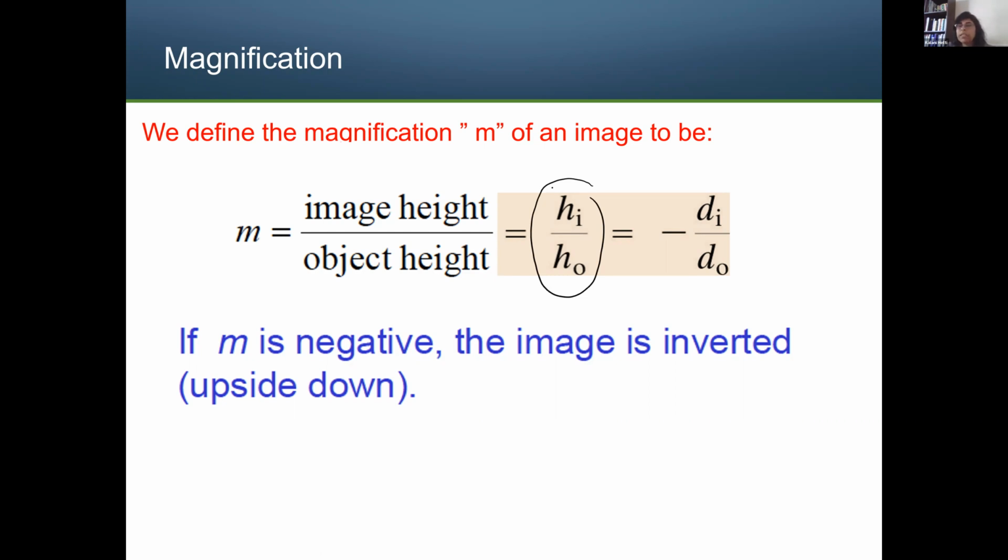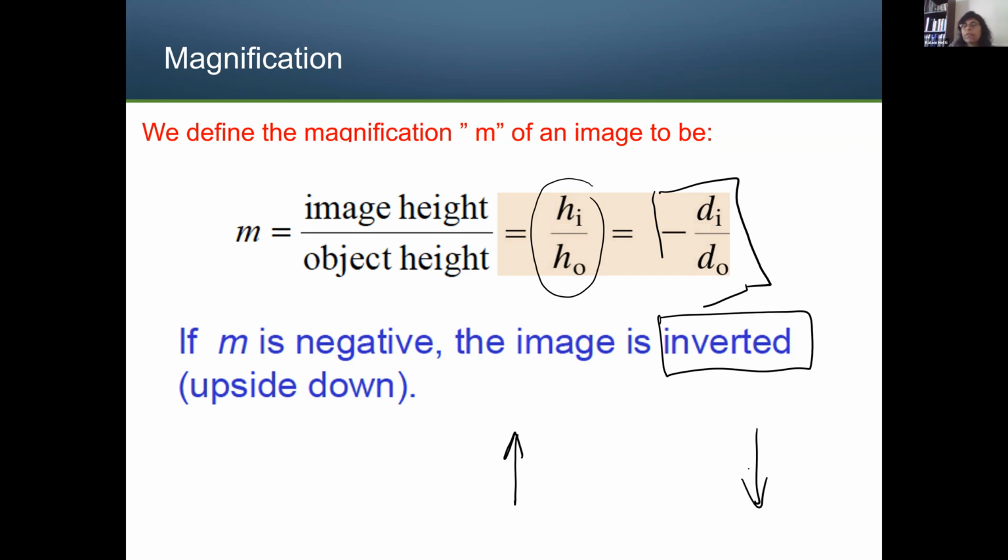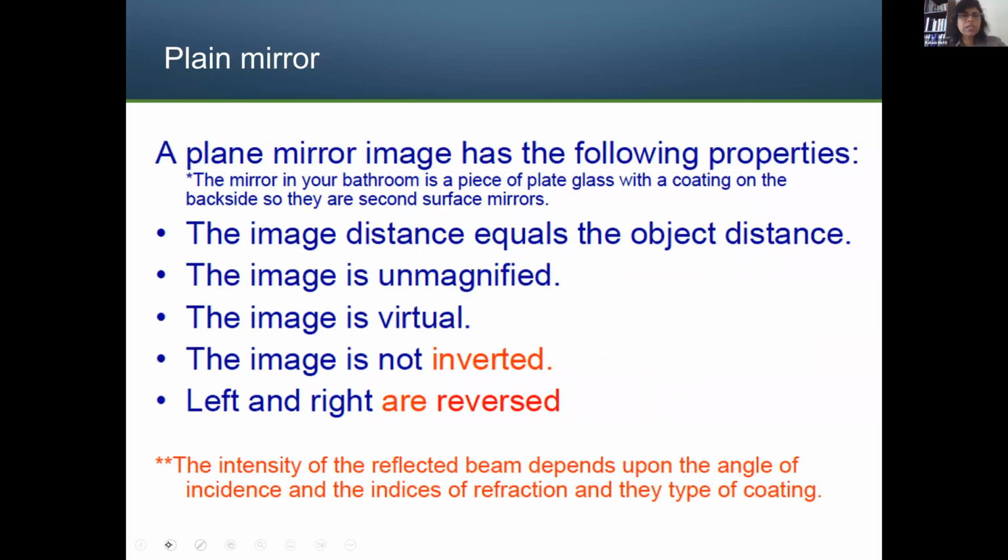HI is the height of the image, H naught is the height of the object. That will be exactly equal to the image distance divided by the object distance with a negative sign. The negative sign gives you information at the end. After all the calculation, if M is negative, we call it an inverted image. Inverted image means that if your orientation is this, but you see this orientation, then it is called an inverted image if your magnification is negative.